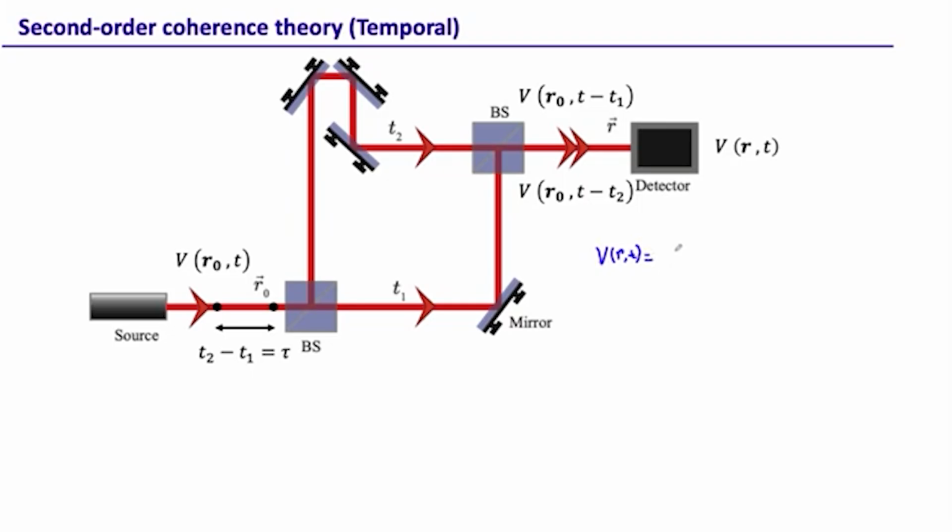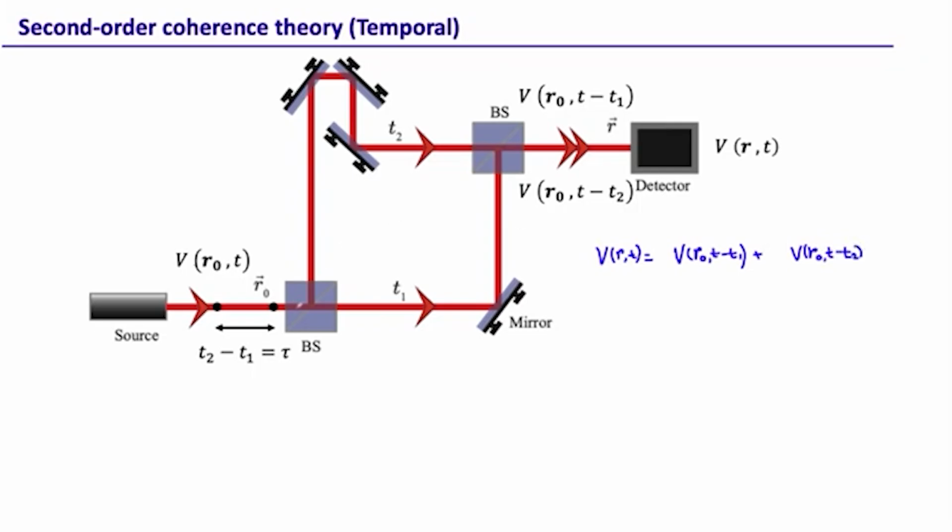One is V coming from the first term, which is R0. This is the field at R0, the origin, at time t minus t1, and then the other component is V again at R0, but at a different time, which is t minus t2.